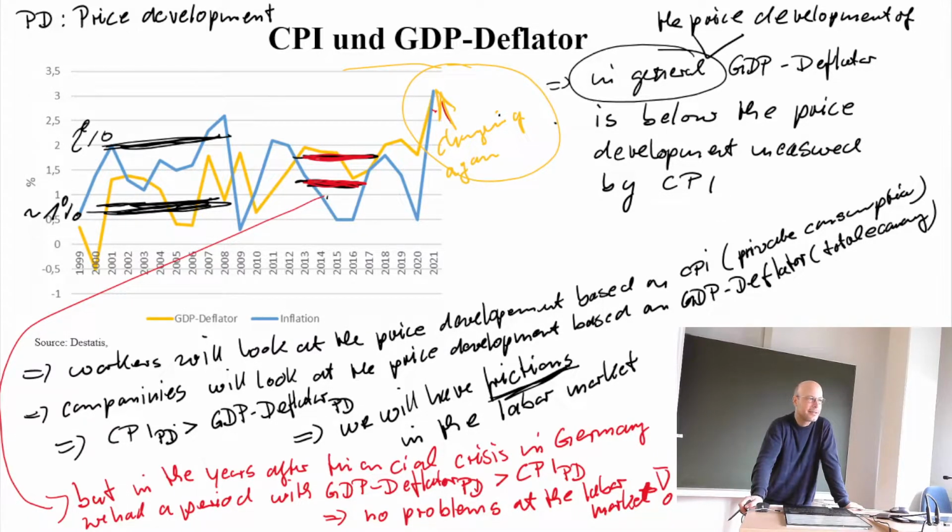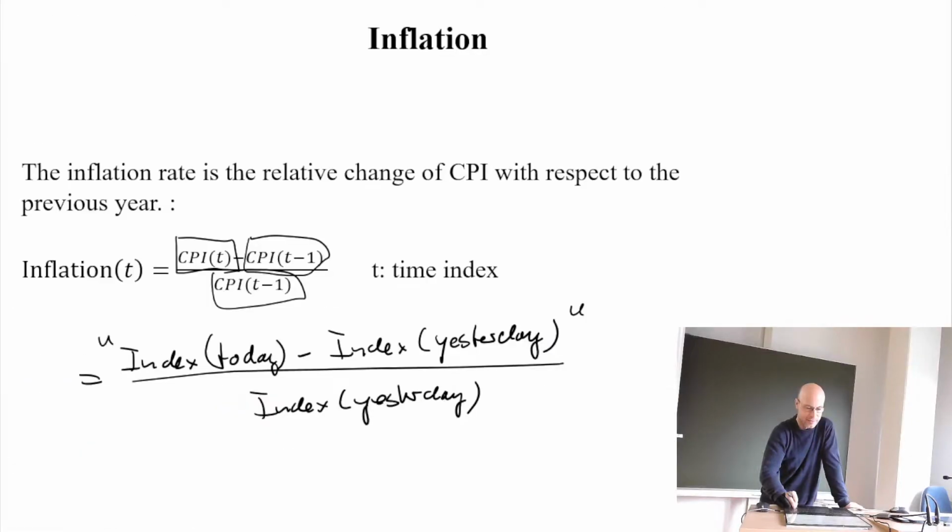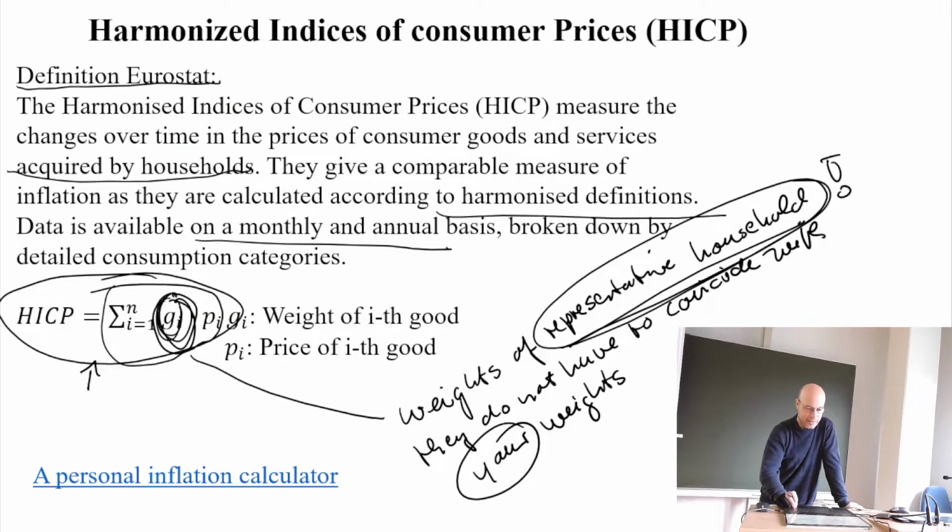Neither nor. You don't find it directly in the CPI. If you look at the definition of the CPI, this is just your private consumption. Which goods are you buying for consumption? And this is not your investment decision in stocks or something like this.